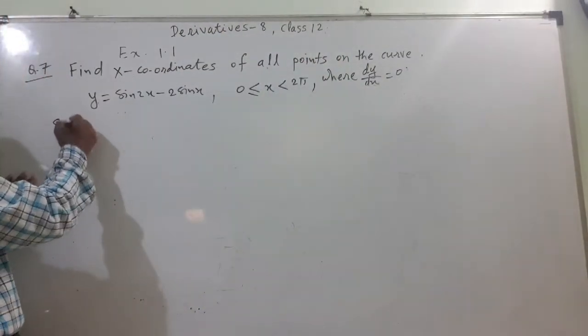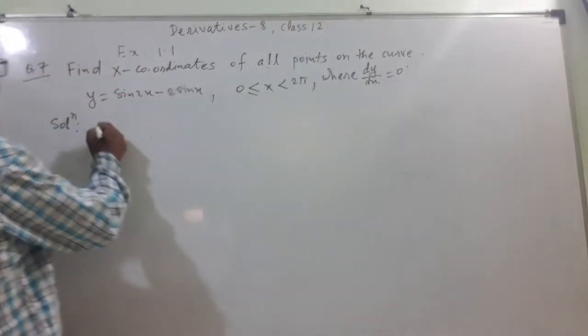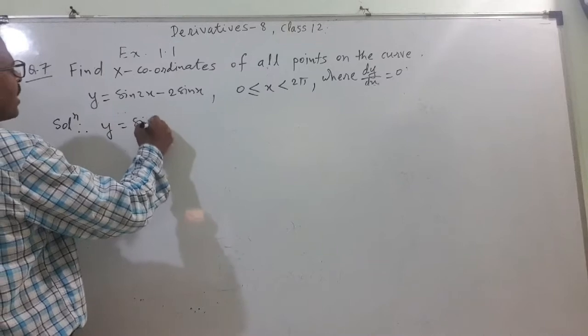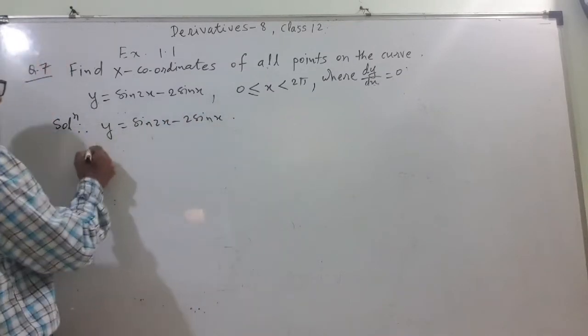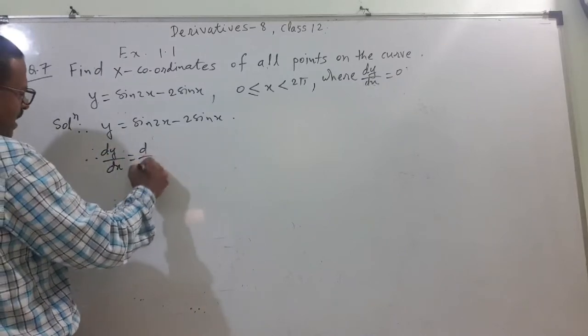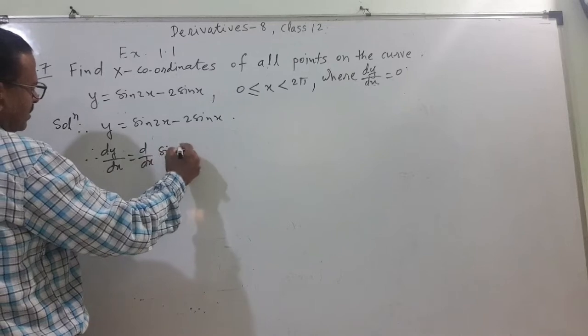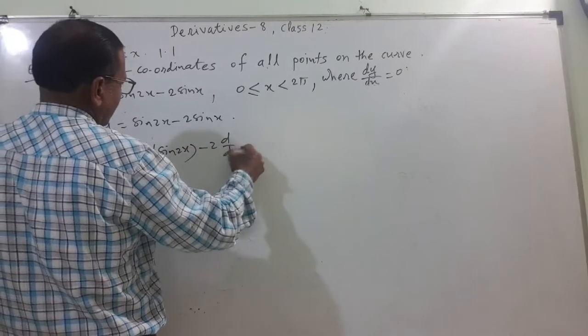Solution. First of all, I have to find dy by dx. Y is equal to sine 2x minus 2 sine x. Therefore, dy by dx is equal to d by dx of sine 2x minus 2 into d by dx of sine x.